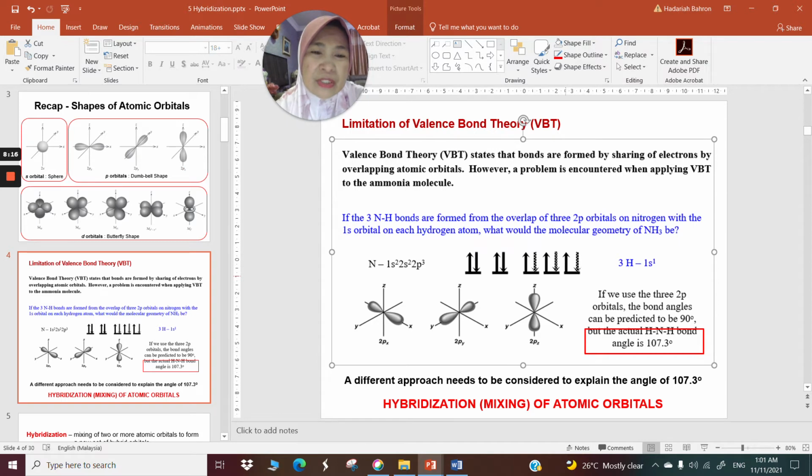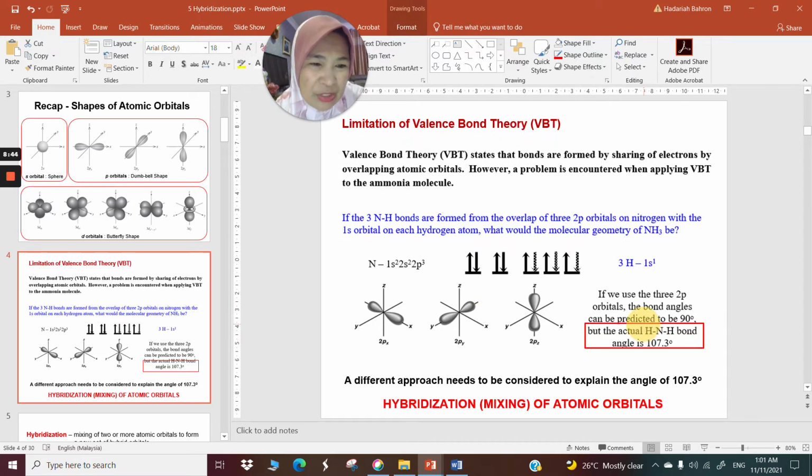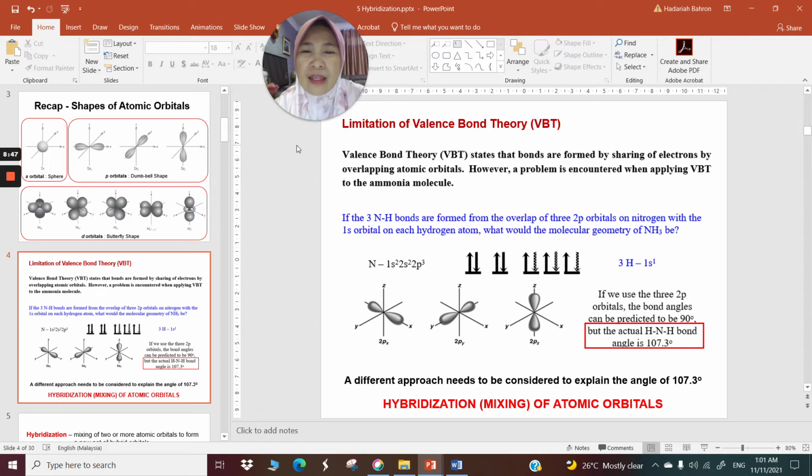So when there are three hydrogens coming, we are saying that the hydrogen orbital will be overlapping with the nitrogen p orbital, and they're going to make a bond. So if you imagine that this is your px, that is your py, and that is your pz, and on each of these orbitals there is one orbital of hydrogen coming in and overlapping, what we are going to imagine is that from one NH bond to another NH bond, we will have a 90-degree angle.